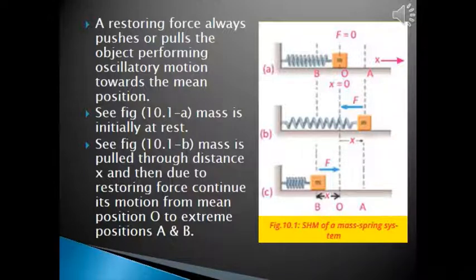So we say restoring force at extreme positions is minimum and restoring force is maximum at mean position. In other words, the speed of the mass increases when it moves towards the mean position. So the velocity of any object is maximum at mean position and minimum at extreme positions.